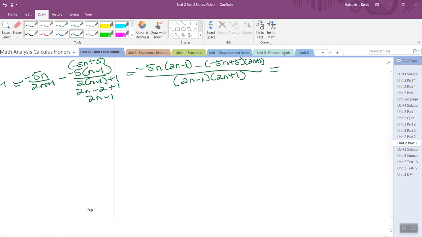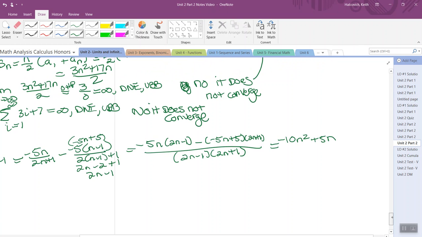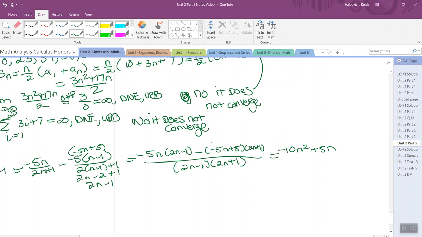So when you simplify, you get negative 10n squared plus 5n. And then when you simplify here, you get negative 10n squared plus 10n minus 5n, so plus 5n plus 5, but then you have to distribute the negative sign, so it's plus 10n squared minus 5n minus 5.